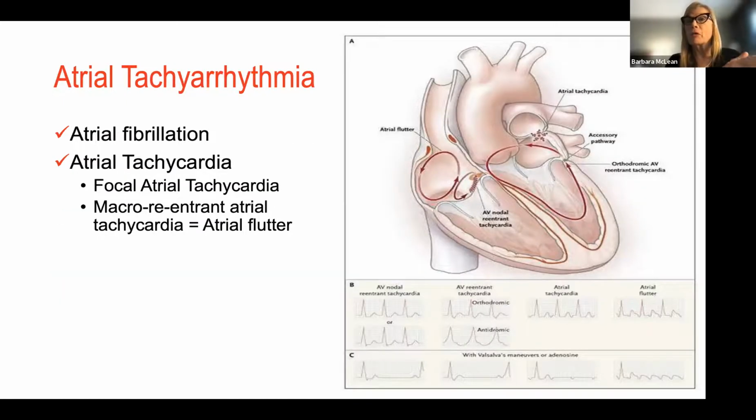Now with atrial tachycardia, and when we think about atrial fib and atrial tachycardia and their correlation to each other, I just think this is a great visual. I wouldn't worry too much about what's down here. But when you see up here in atrial tachycardia, you just have impulse formation in the atria. Whereas when you have atrial fibrillation, you have multiple sites of formation. And then when you look at atrial flutter, this is such a lovely visualization of what I'm calling a circle reentry, or actually circus reentry.